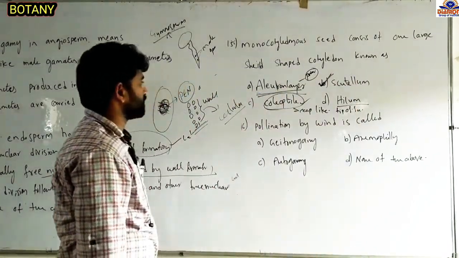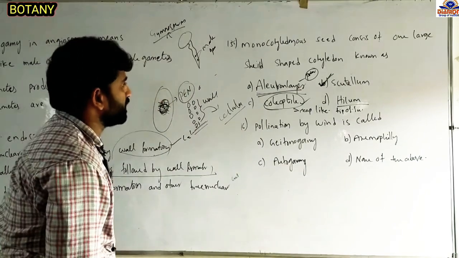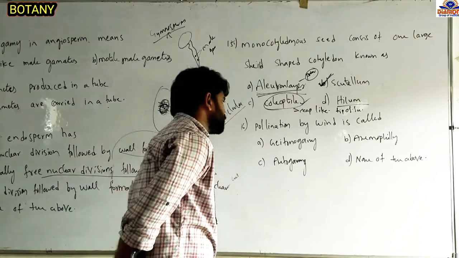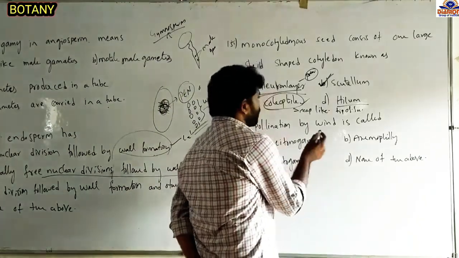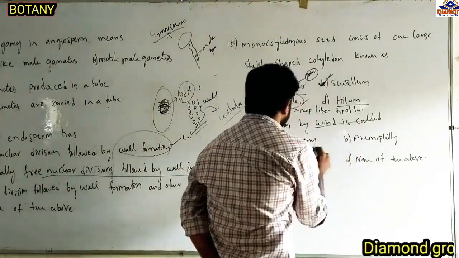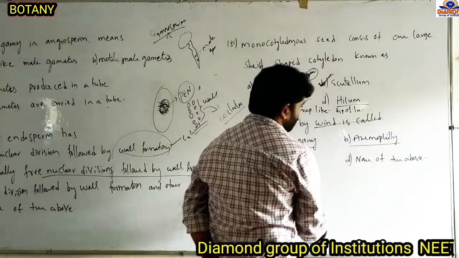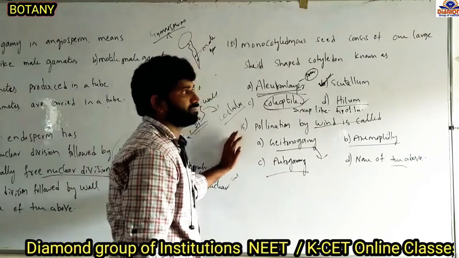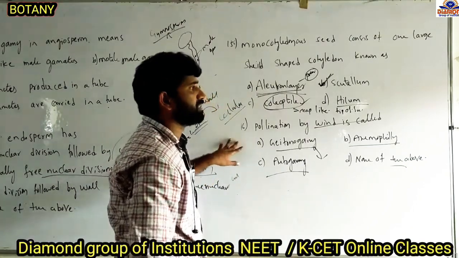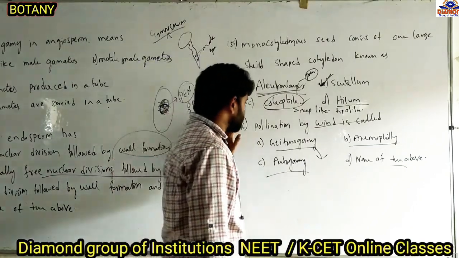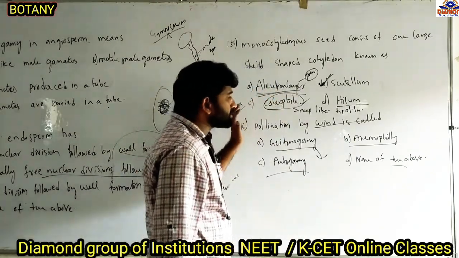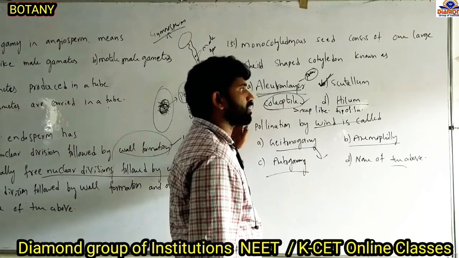And the last question, pollination by wind is called as. The options: xenogamy, anemophily, autogamy, and none of these. Geitonogamy is a type of pollination that is structurally self-pollination and functionally cross-pollination.